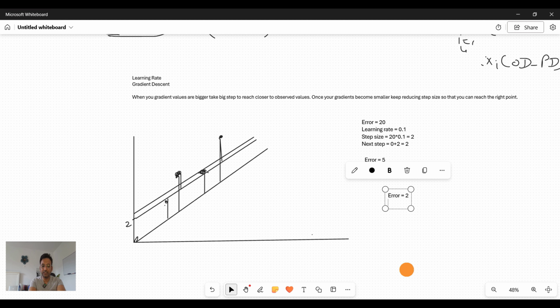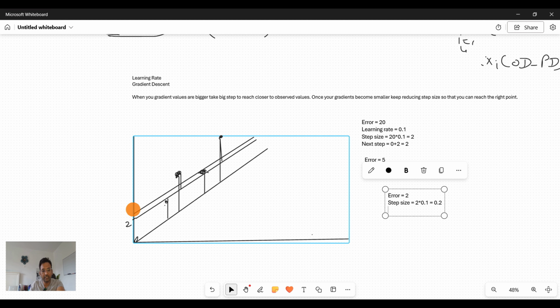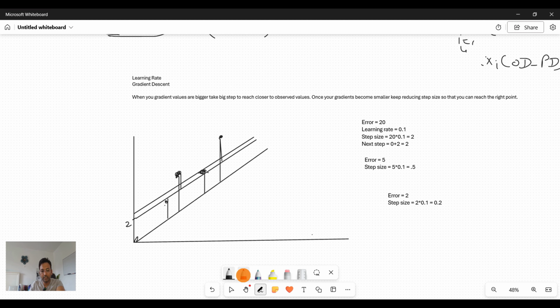So because our learning rate is 0.1, the step size will be 2 into 0.1, which will be 0.2. So now we can take the next step by 0.2 more, which is maybe at this point, and it could be something close to this line here.